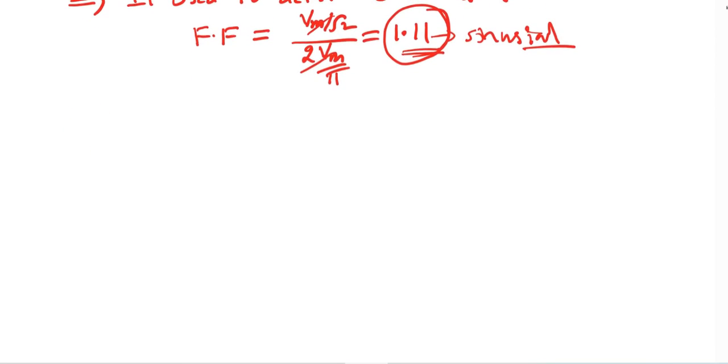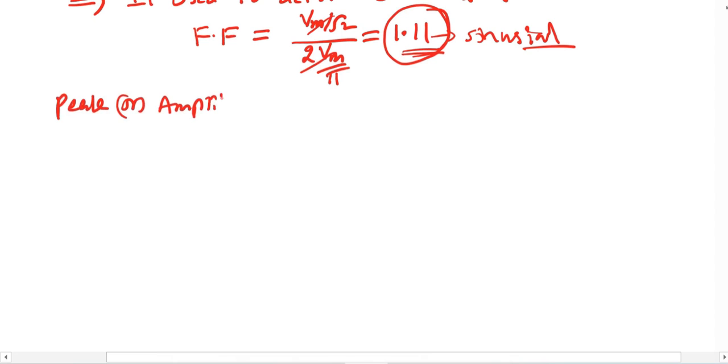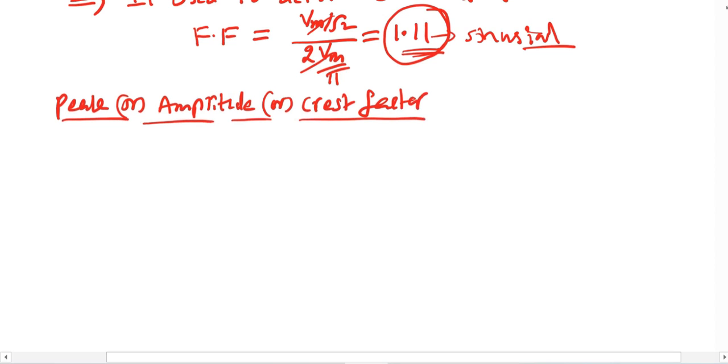Now comes another one called the peak factor, or amplitude factor, or crest factor. What is meant by this?